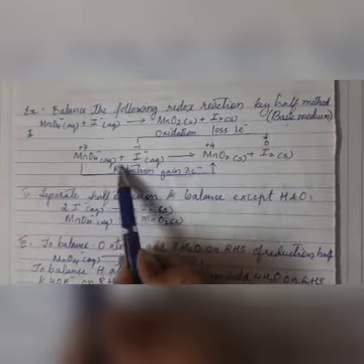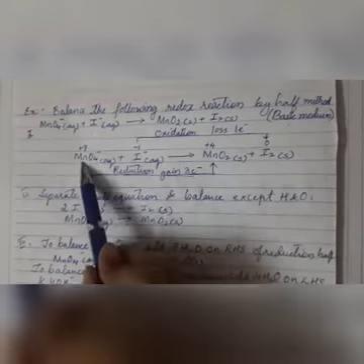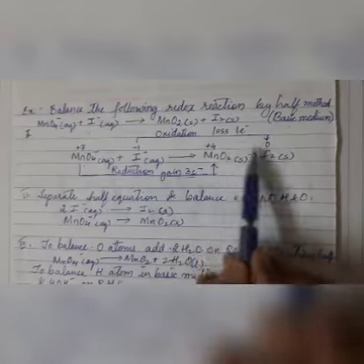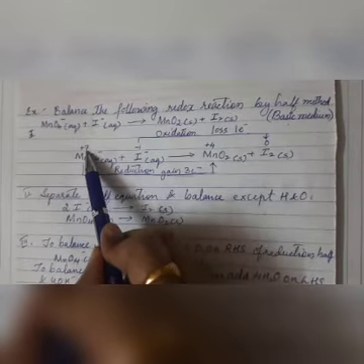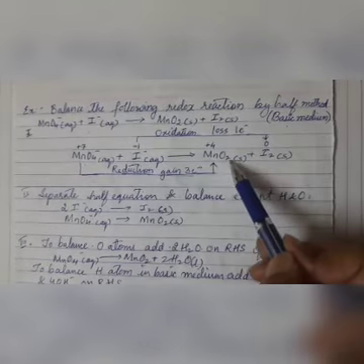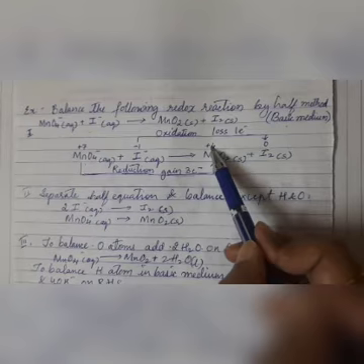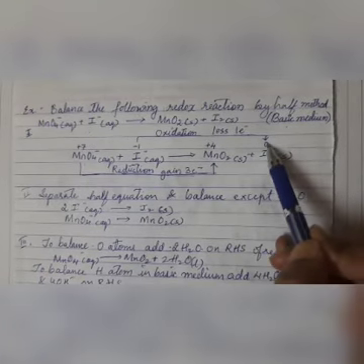So first we are writing the skeletal equation. After writing the skeletal equation, you have to assign the oxidation state. Mn is in +7 oxidation state, I- is in -1 oxidation state, in MnO2 the Mn is in +4 oxidation state, and iodine being in the elemental state is in 0 oxidation state.